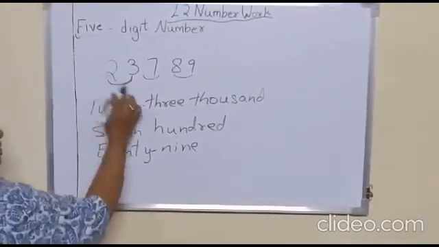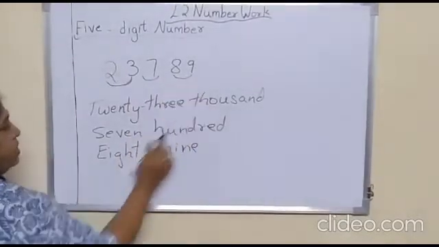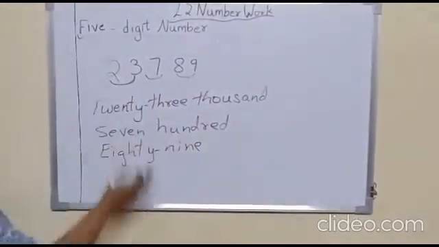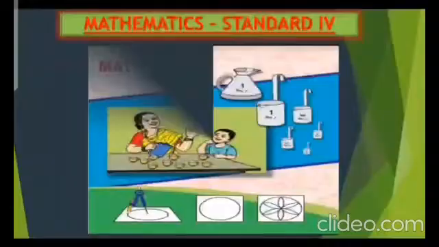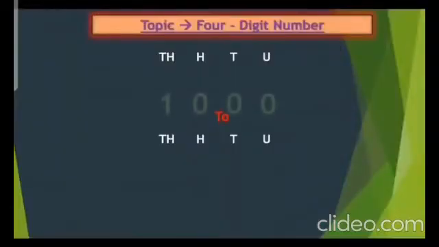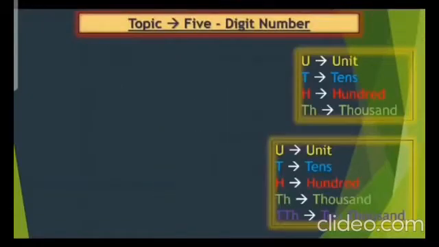First two numbers you write as thousand, the third number you will write as hundred, and the last two numbers we will write the way we read it, 89, 59, 05, whatever it is. Children, as we have seen in the explanation of four-digit numbers, 1000 is the smallest four-digit number and 9999 is the biggest four-digit number. Now today's topic is five-digit numbers.